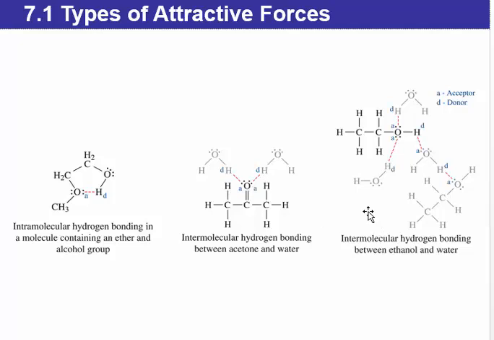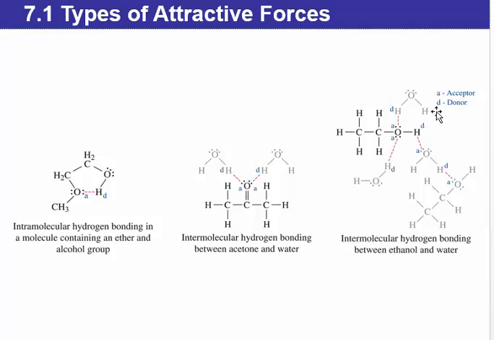And here's another example. This molecule is ethanol, or ethyl alcohol. The hydroxyl group, which is the alcohol functionality, has a hydrogen covalently bonded to an oxygen. So this hydrogen can hydrogen bond with the oxygen in a water molecule, and the hydrogen atom on a water molecule can hydrogen bond with the oxygen in the alcohol functionality.